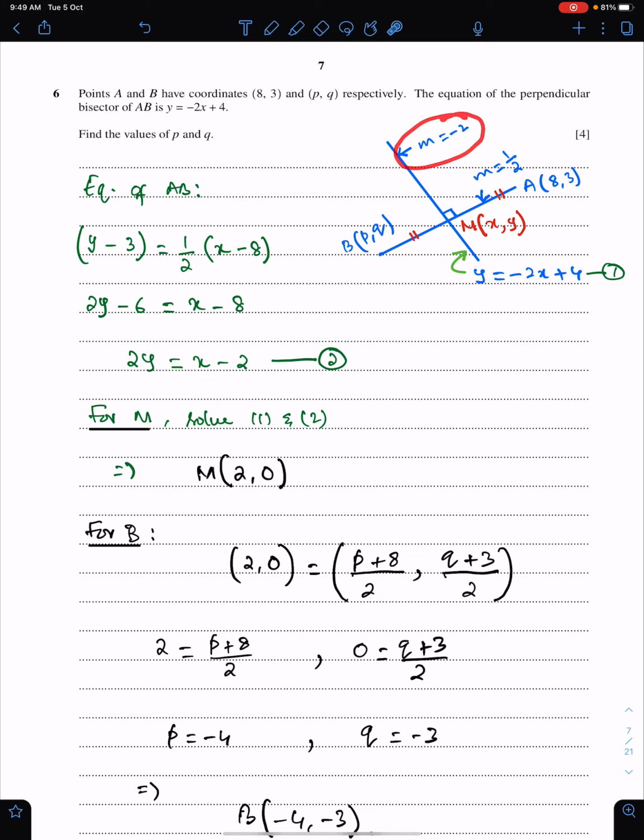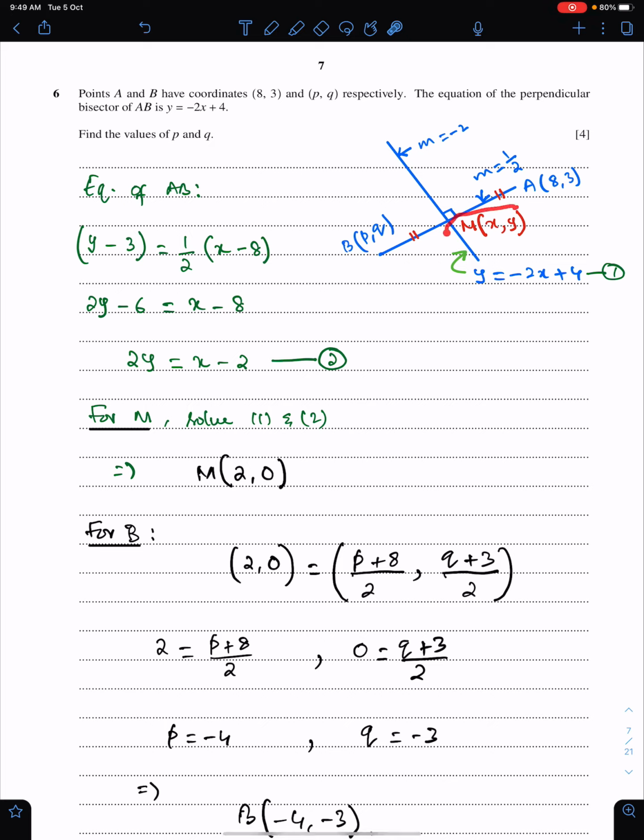Since this is the perpendicular bisector of AB, this intersection point is the midpoint of AB. And the gradient of AB must be the negative reciprocal of this gradient, which is half. Now we need the coordinates of B. For that we need to find the coordinates of M first.